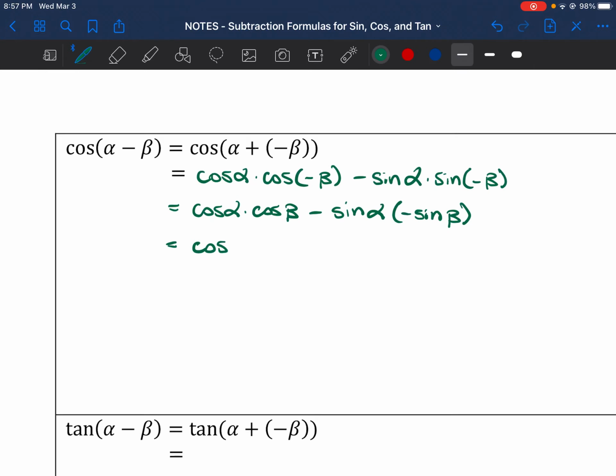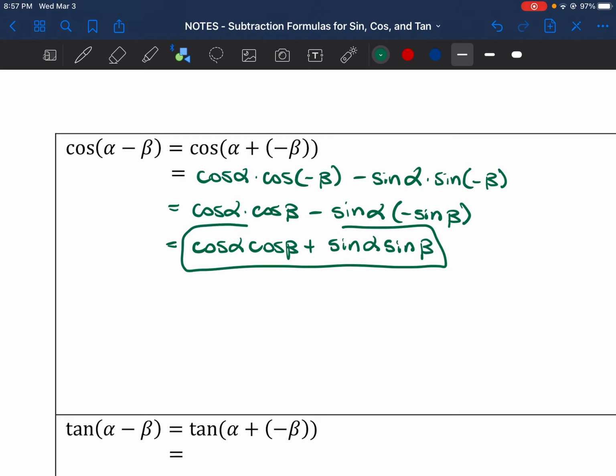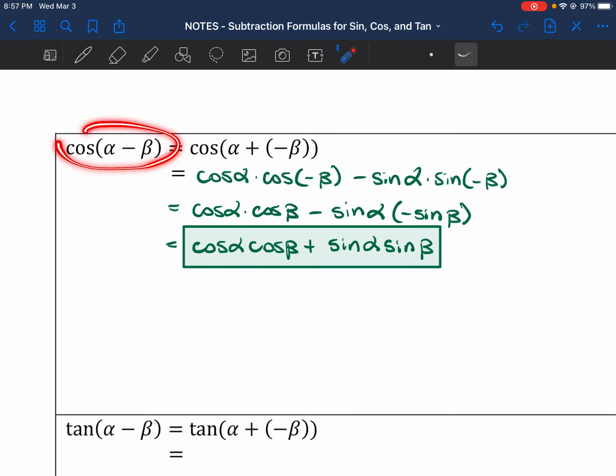And simplifying, this gives us cosine of alpha, cosine of beta. Notice the double negative here, the minus times the negative. This is going to become plus sine alpha times sine of beta. So this is the difference formula for cosine. Cosine of alpha minus beta is cosine alpha cosine beta plus sine alpha sine beta.